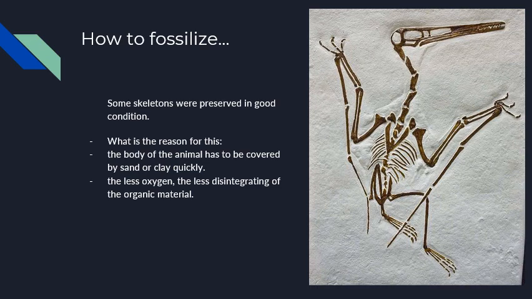But it has to be done very quickly. If there is more oxygen added to the skeleton, it will disintegrate more quickly and then it might disappear. So at that point in time you will only see an imprint in the rock.